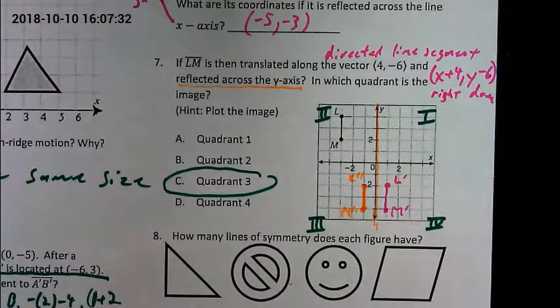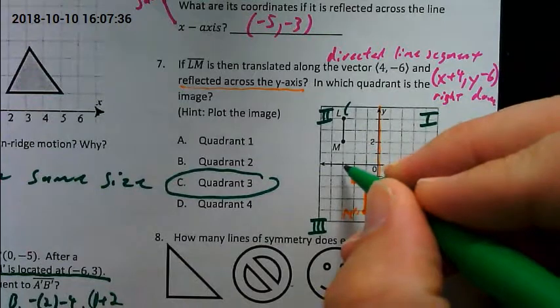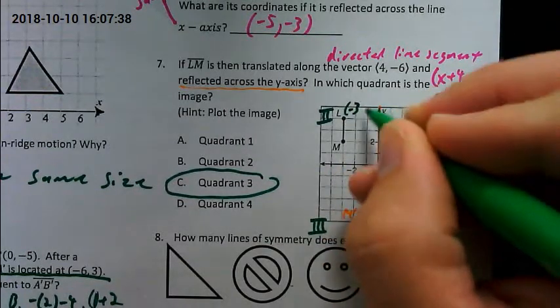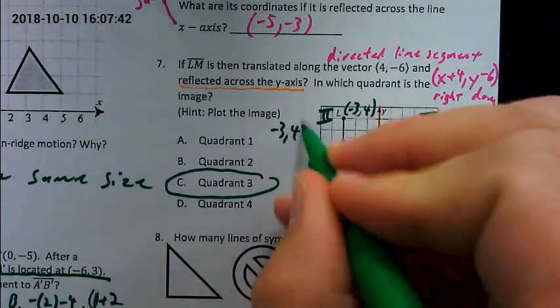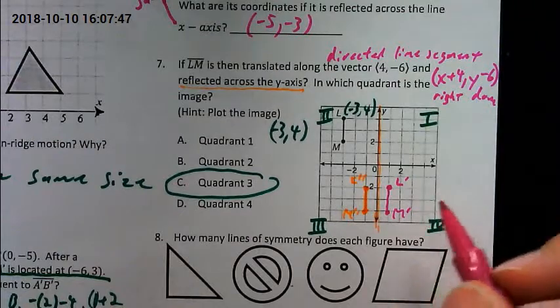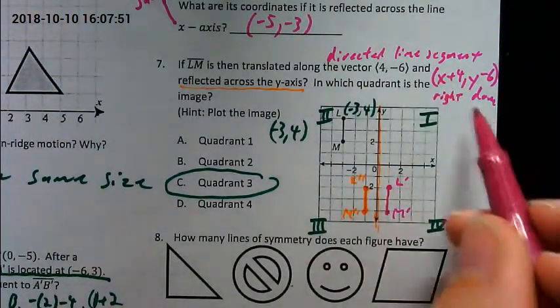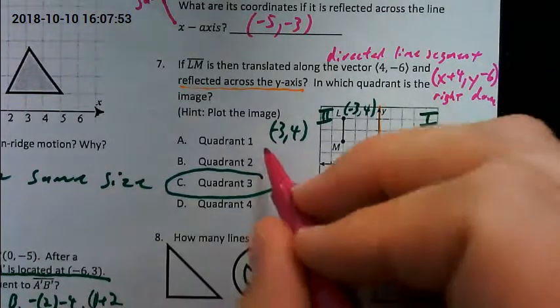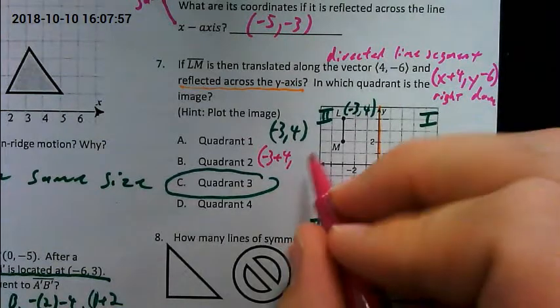If I took the original value that was at this L coordinate here, it is at -3, +4. So that's my starting point. If I then was to do this, the translation, I'm adding 4 and I'm subtracting 6.